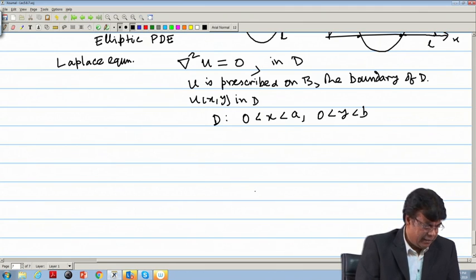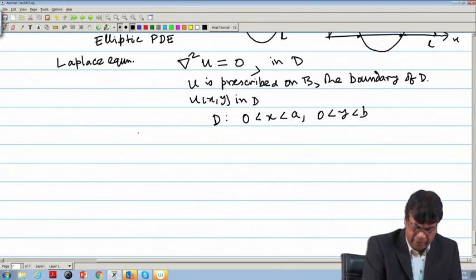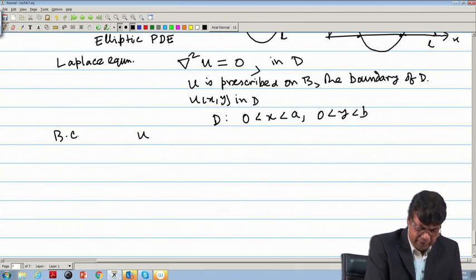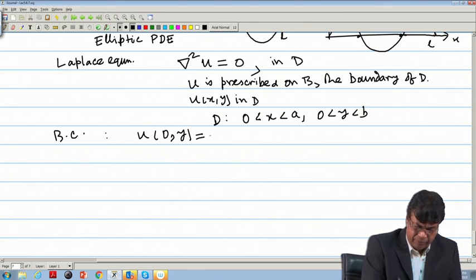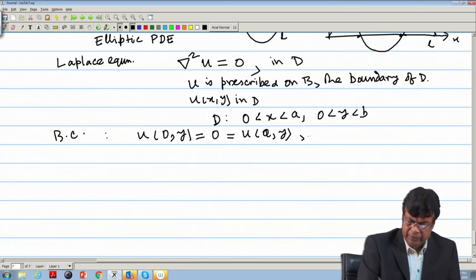This is the rectangle, and the boundary conditions are prescribed. One condition should be homogeneous in one variable for our simple way of solving, so u(0,y) for 0 < y < b.